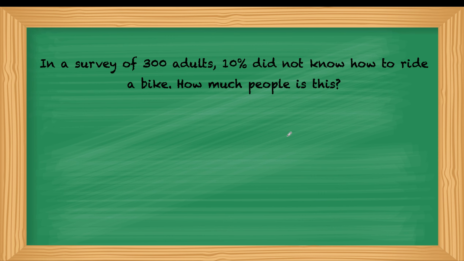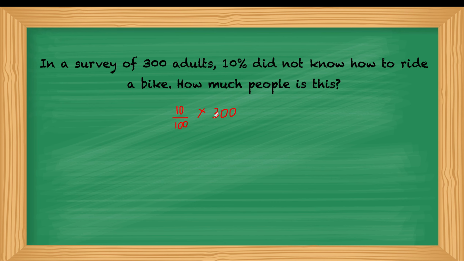Alright, here we have another question, and it states, in a survey of 300 adults, 10% did not know how to ride a bike. How many people is this? Now, remember, once we see percent, we're going to put 10 over 100. Alright, and then we're going to multiply this by 300, which will be the 300 adults, right?